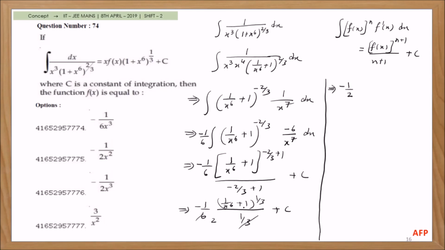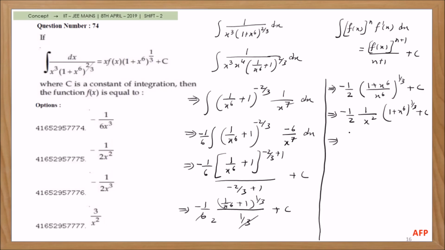If I take x raised to 6 LCM, what we are getting? So 1 plus x raised to 6 whole divided by x raised to 6 whole raised to 1 by 3 plus c. This is nothing but 1 divided by 2, 1 divided by x square. If I take it outside, 1 plus x raised to 6 whole raised to 1 by 3 plus c. Yeah, so it is nothing but you have to adjust with respect to this part. Okay.